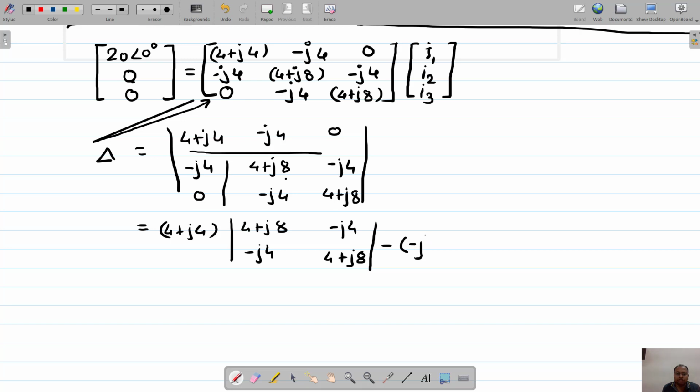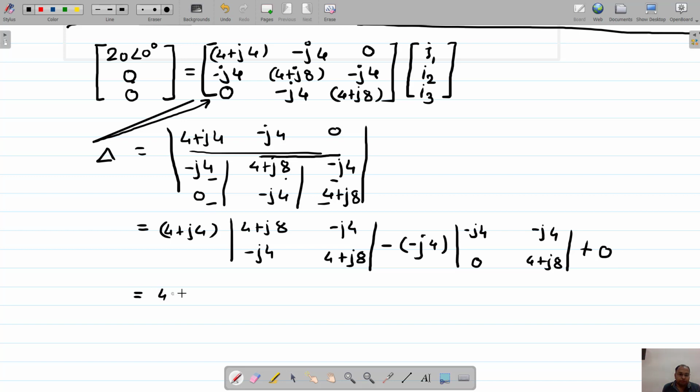So minus of minus j4 into, what are the terms? We exclude the first row and now the second column, so these four elements will be there in the determinant: minus j4, minus j4, 0, 4 plus j8. And as the last term is 0, I am not going to write its determinant, so let it be as it is.